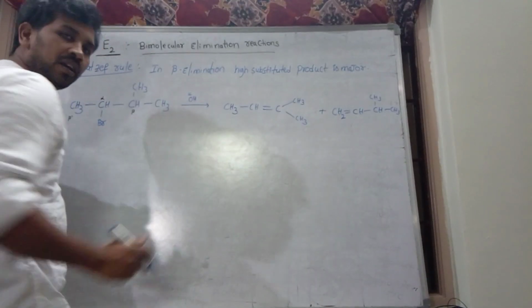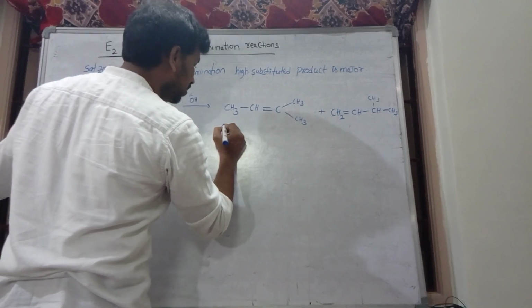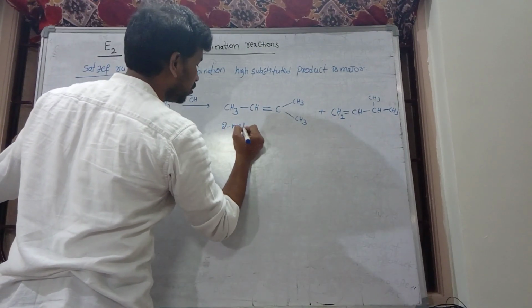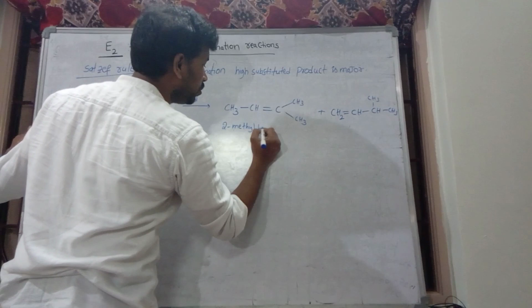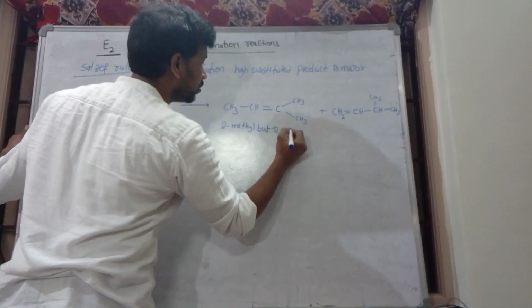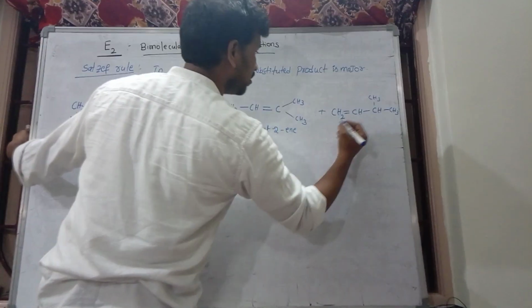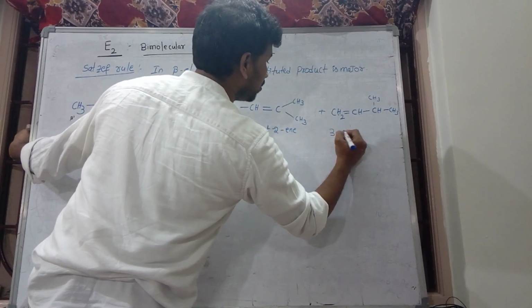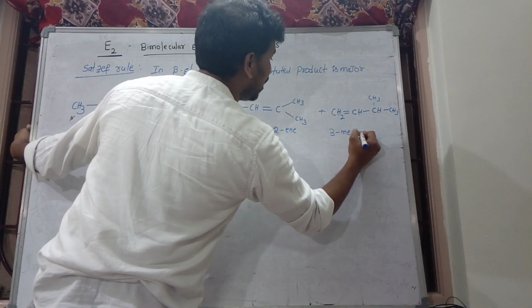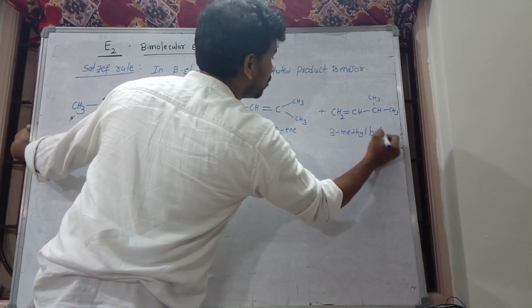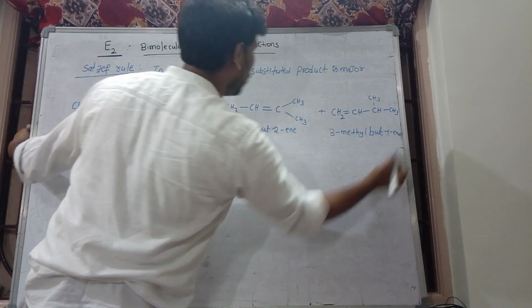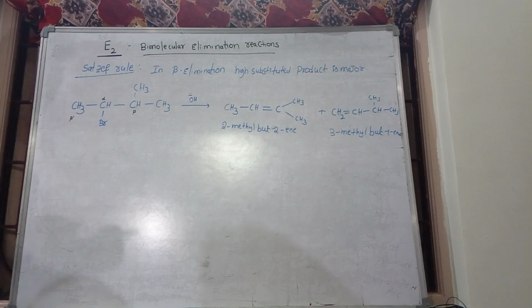What is this product name? 2-methylbutene, and this is 3-methylbut-1-ene. So these are the products.